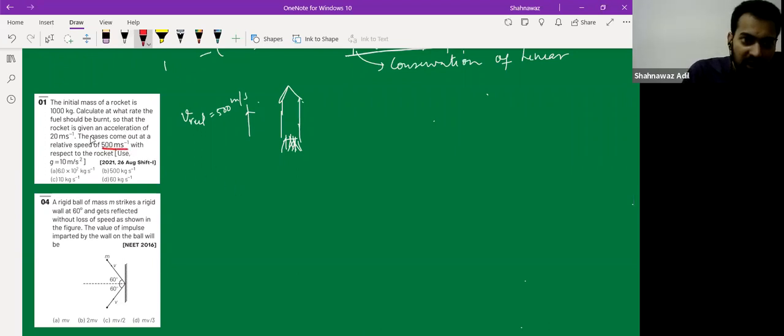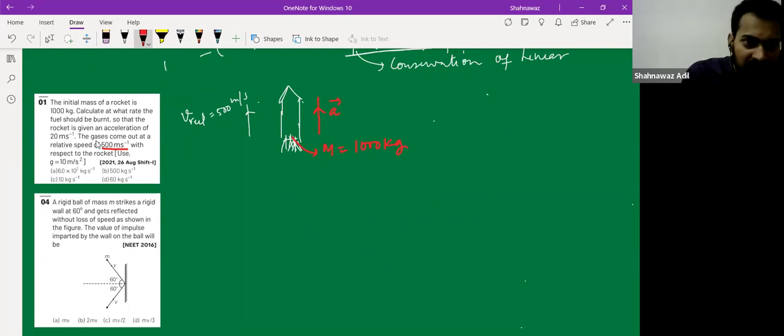And the acceleration of the rocket is this, right? And the initial mass of the rocket is given, which is 1000 kg.